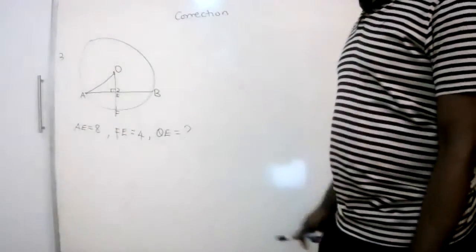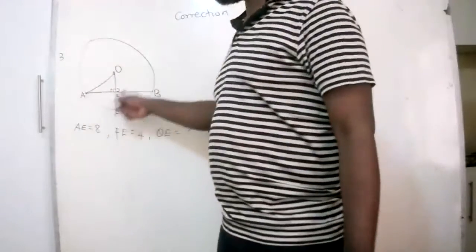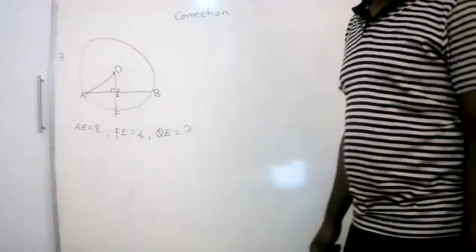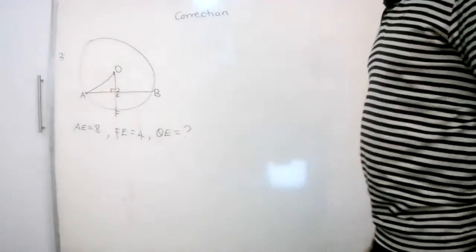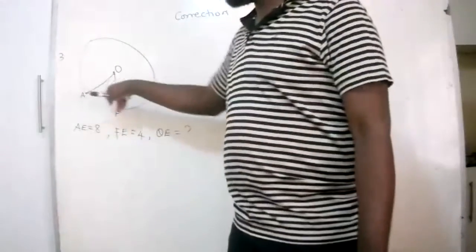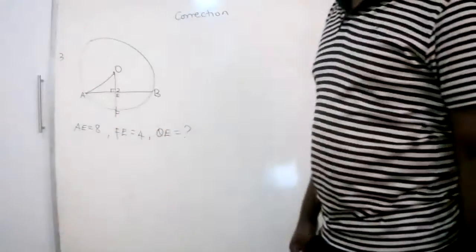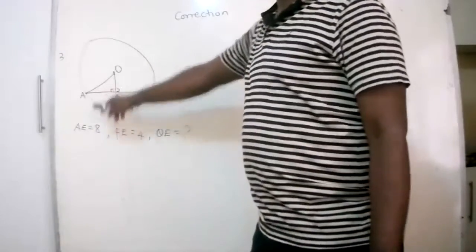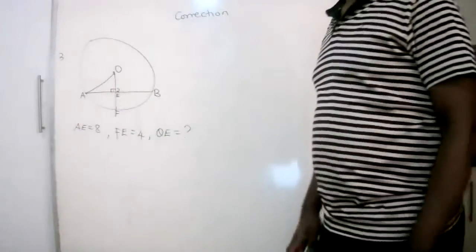Can you tell me how we can write Pythagoras theorem from this triangle here? We know Pythagoras is x squared plus y squared equals r squared, but we want to write it in terms of what is given there.